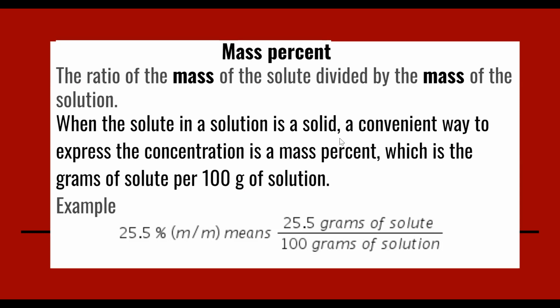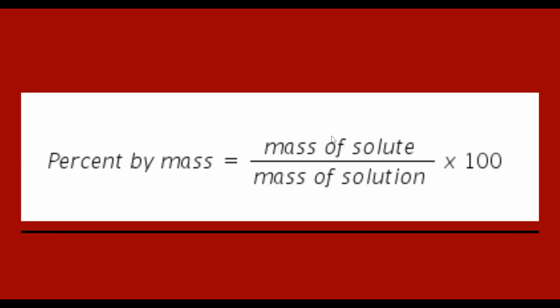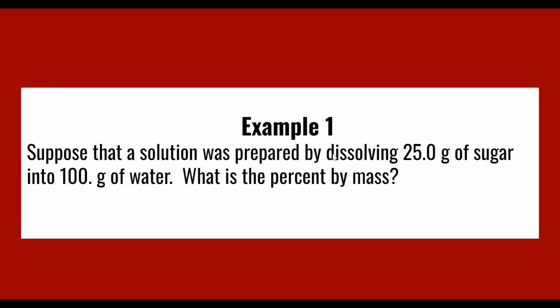We have to understand this for us to do any calculation right. So if you are to calculate percent by mass, that will be mass of solute over mass of solution. Remember, mass is in grams. Some will say grams of solute over grams of solution times 100, because we are talking about percent by mass. Let's use an example to show this.